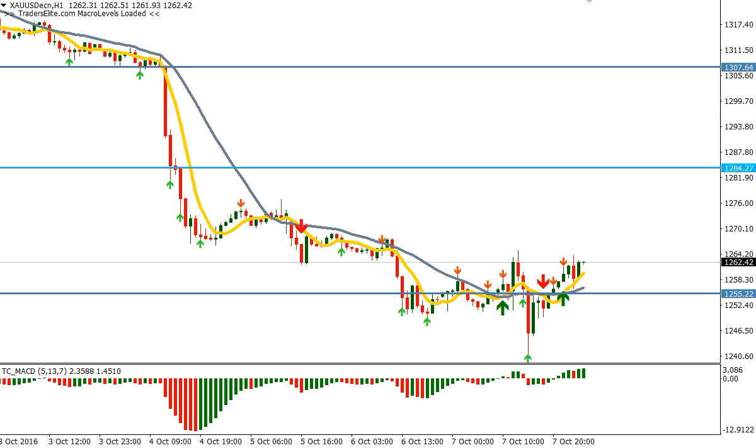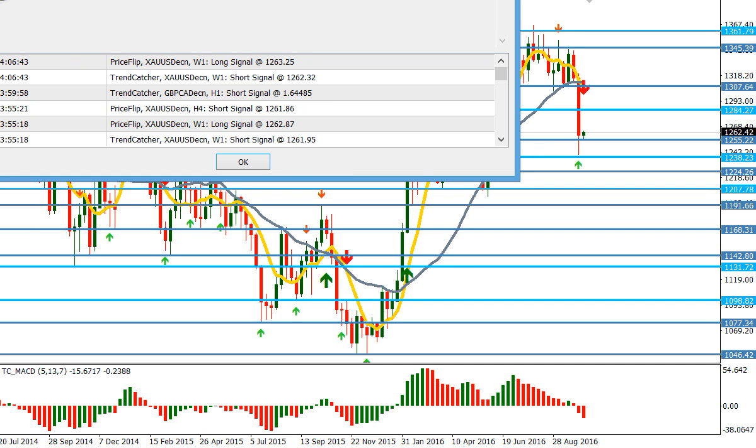So I'll just get straight into it. Here we are on the 1 hour time frame for the gold XAU USD pair. Now let's have a look at the weekly.